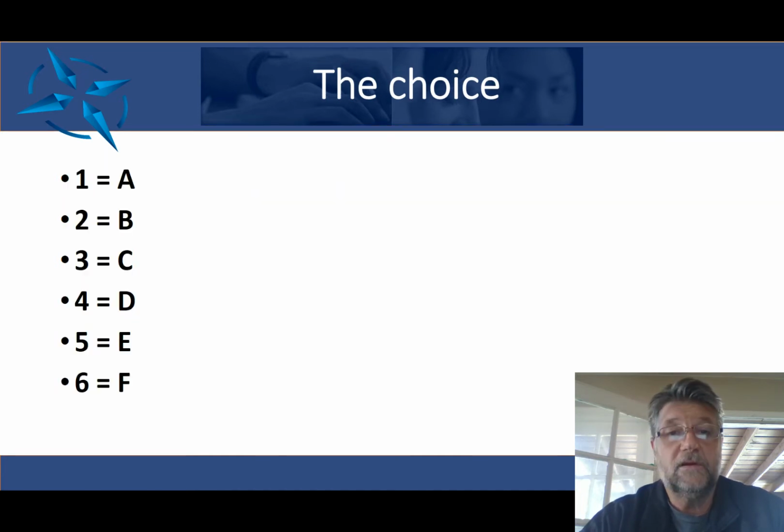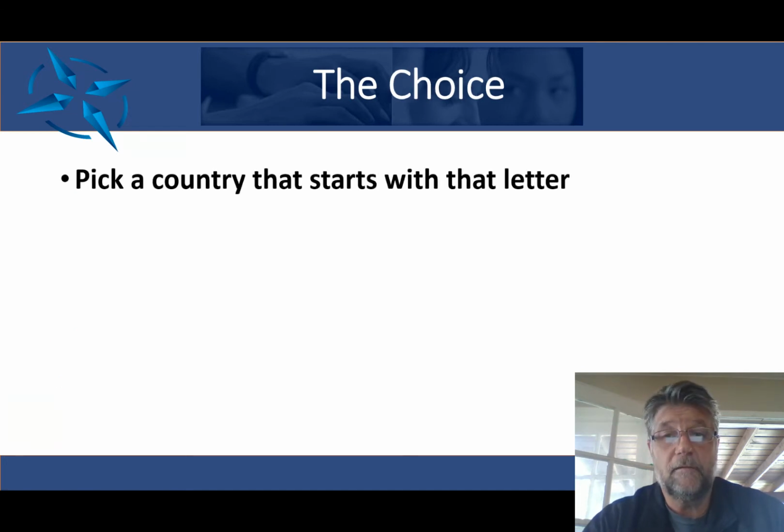Now, we're going to turn that number into a letter. So if your number's 1, your letter's A, 2, B, 3, C, 4, D, 5, E, 6, F. So transfer your number into a letter. Pick a country that starts with that letter.